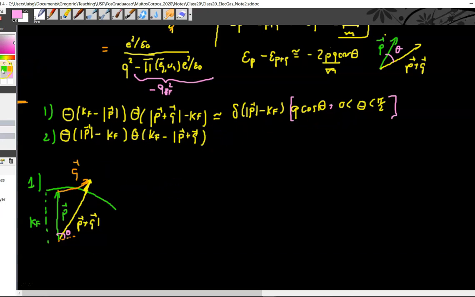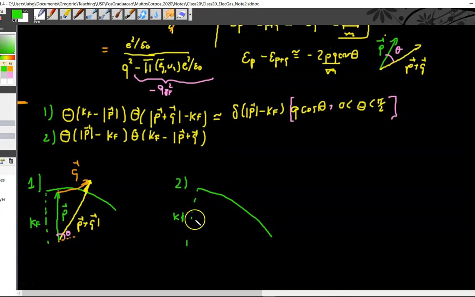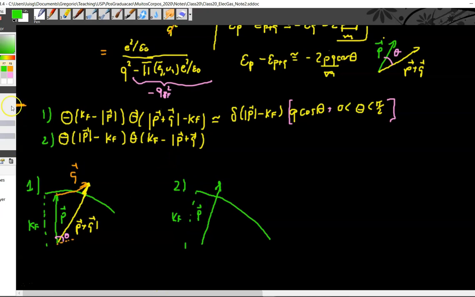Now let's go to the other one. The other one would be something like that. This is kF again. Now P is a little bit larger than kF. So I have something like this. This is P, and P plus Q in absolute value is a little bit smaller than kF.